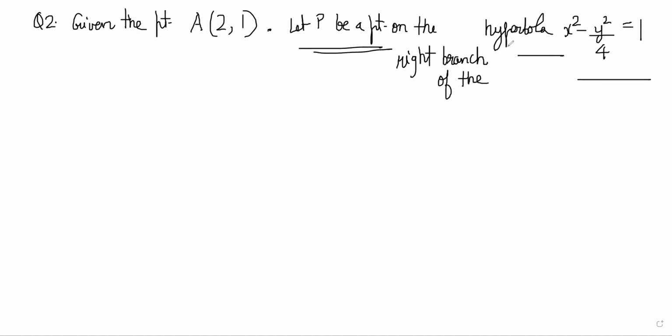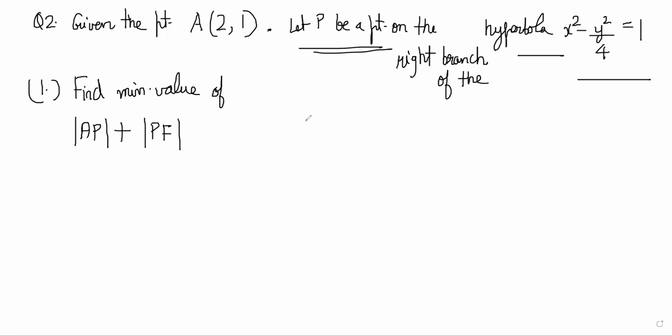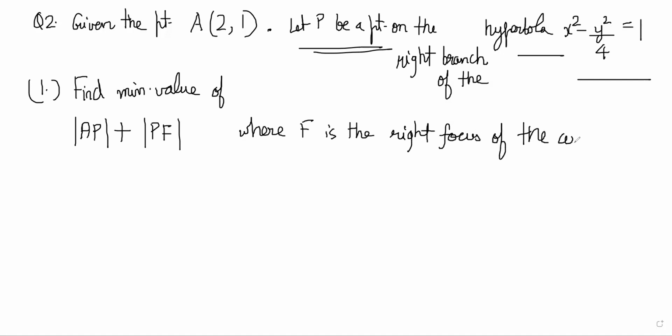Let P be a point on the right branch of the hyperbola, and we have to find the minimum value of AP plus PF, where F is the right focus of the curve.